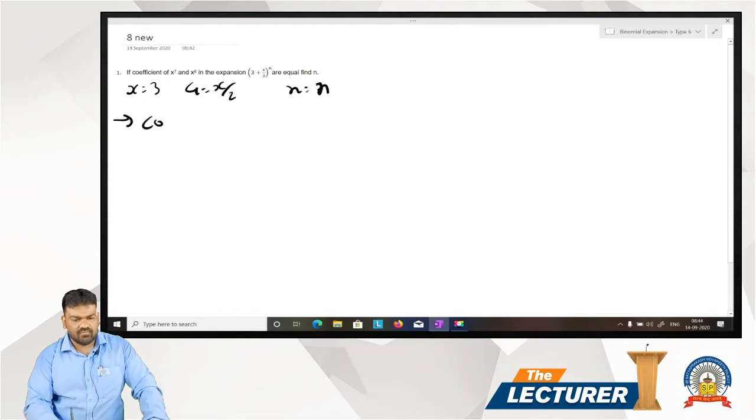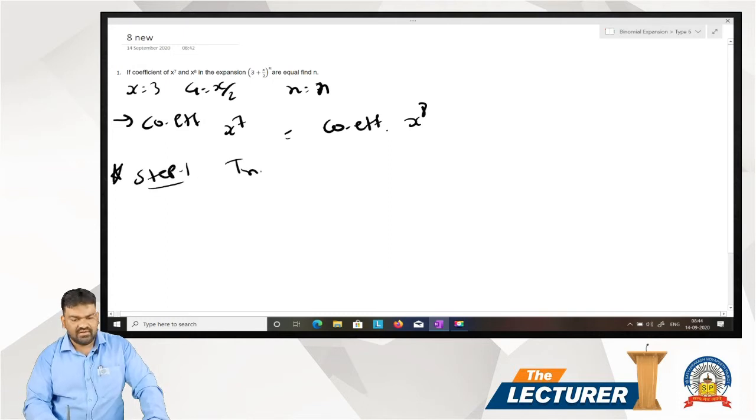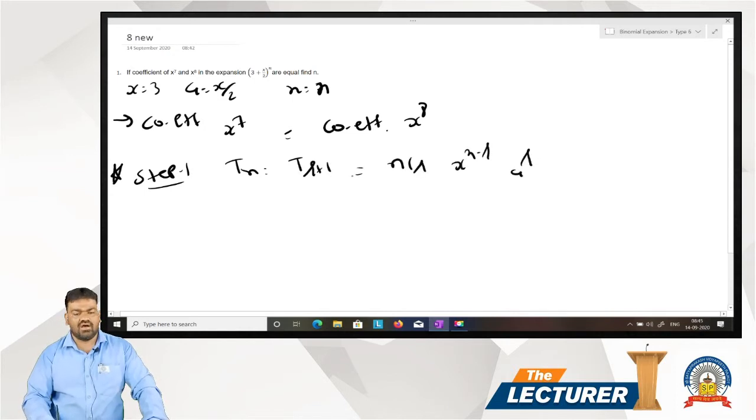Coefficient of x raised to 7 is equal to coefficient of x raised to 8. Now we have to find the coefficient. For the coefficient, step 1: T(r+1) is equal to nCr x raised to n minus r a raised to r.